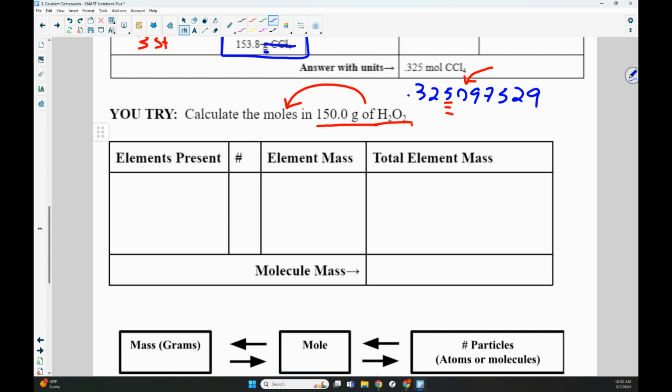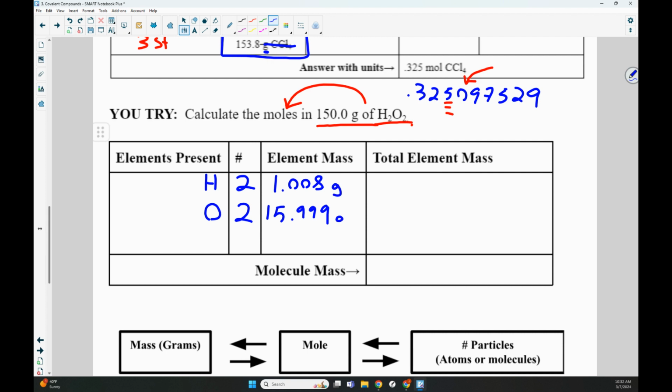So let's break hydrogen peroxide into its components. We've got hydrogen, and we have 2 of them, and we have oxygen, and we have 2 of them. Very similar to the formula for water here, just a little bit different. So the mass of hydrogen is 1.008, and the mass of oxygen is 15.999 grams.